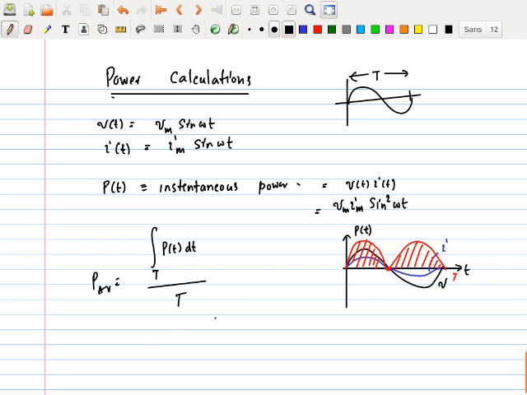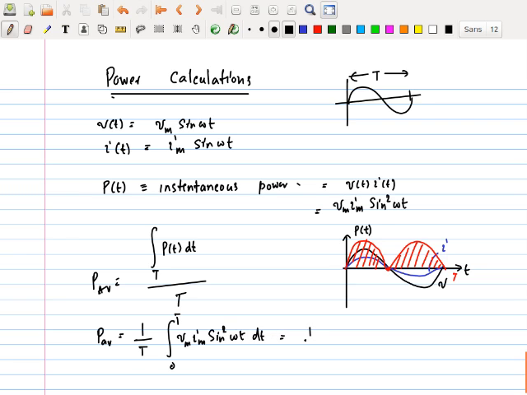Now I just substitute this. What do I get? P average is equal to 1 over T, going from 0 to T of Vm Im sine squared of omega t dt.